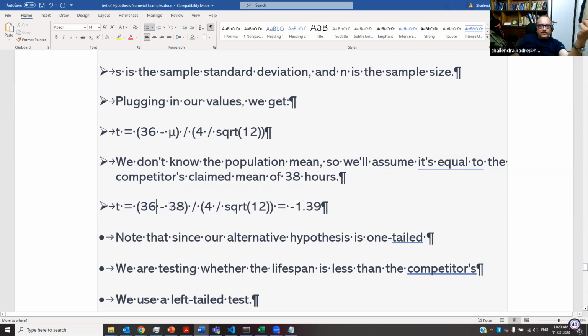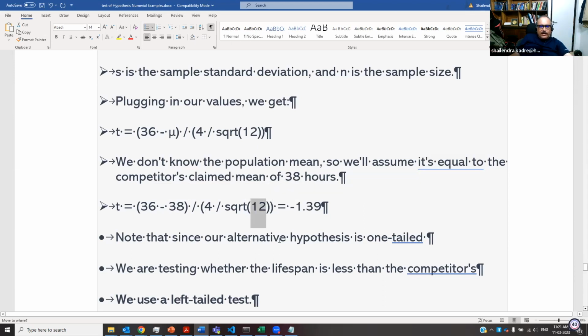So 36 minus 38. The 38 is nothing but the claim made by your competitor that his battery lasts 38 hours. 36 is your sample mean, whatever mean you got from your battery sample. This is your sample deviation 4, and square root of 12. 12 is nothing but your sample size.